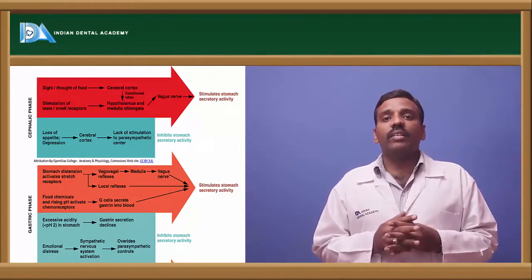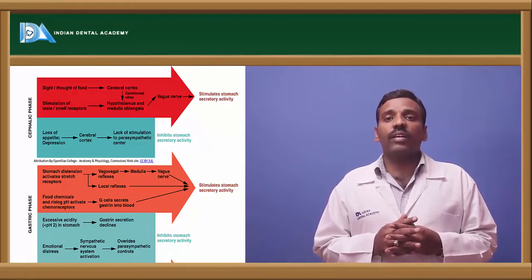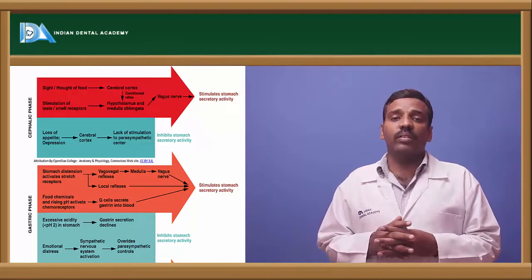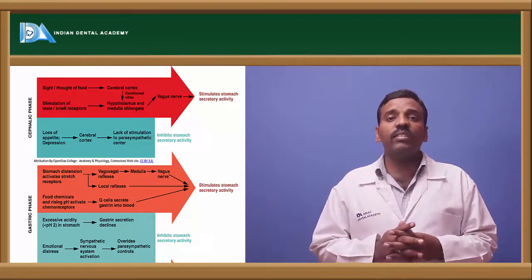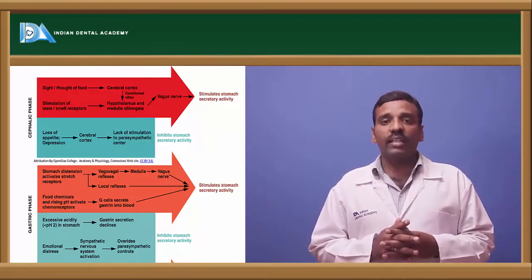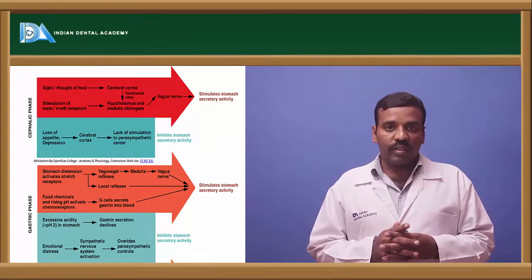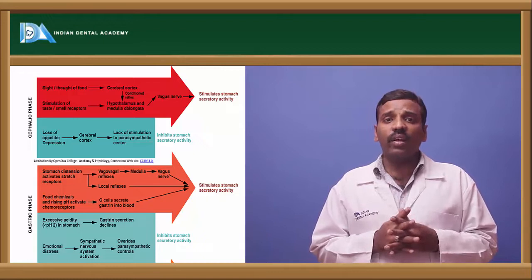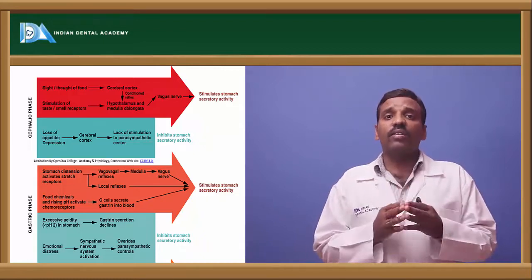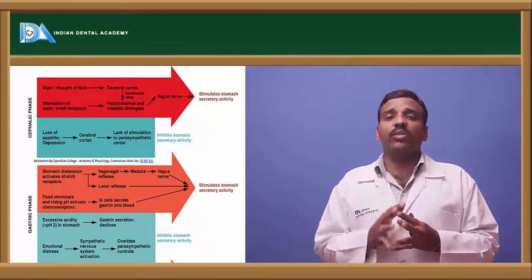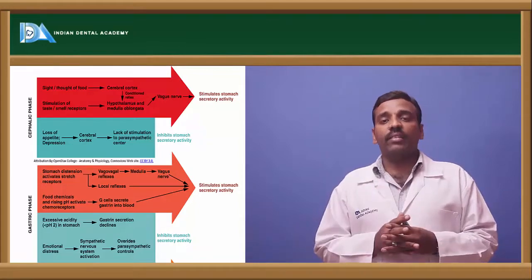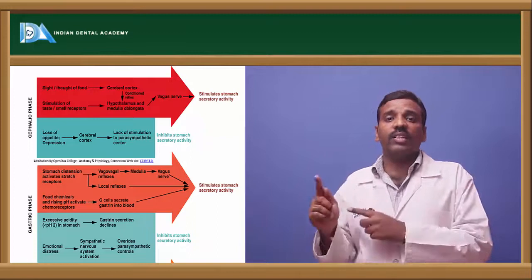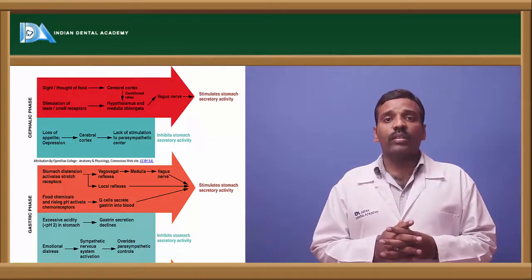At that time, there is stimulation of the vagus nerve, and then secretion in the stomach is observed. That is how gastric juice secretion starts by the conditional reflex in the cephalic phase. Next is the unconditional reflex, which is when the food enters into the mouth, there is immediate stimulation of the vagus nerve and secretion of the gastric juice in the stomach.